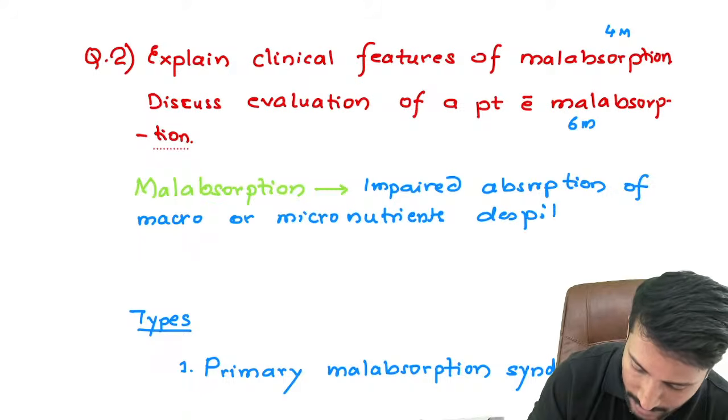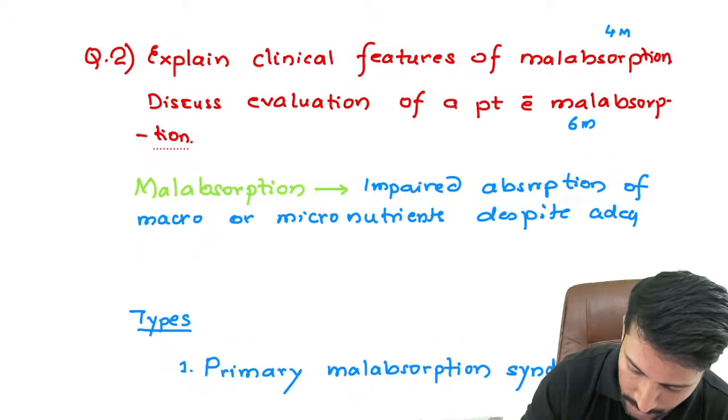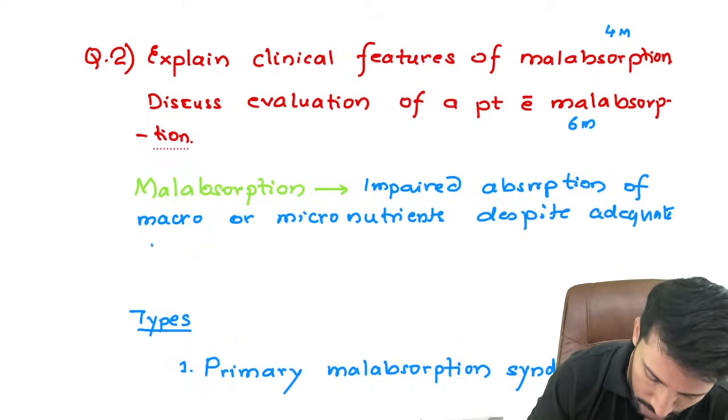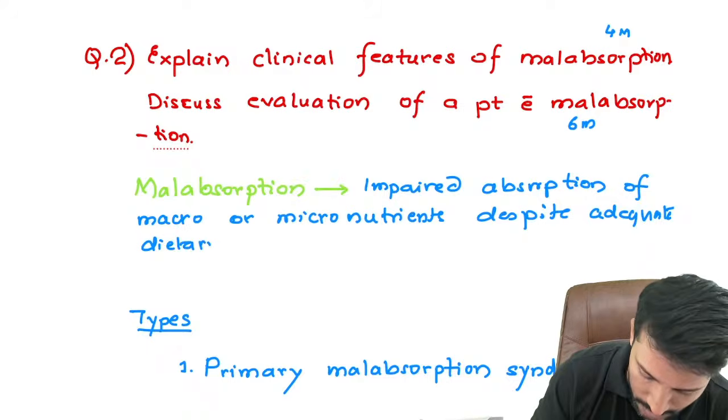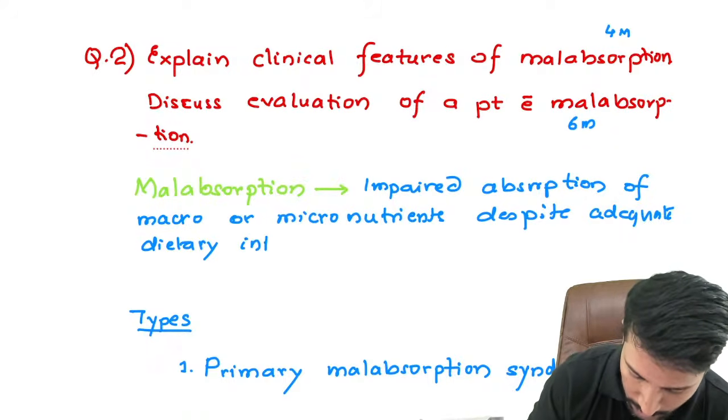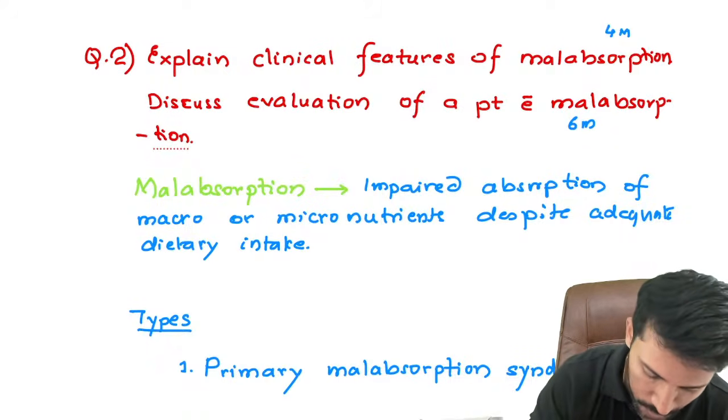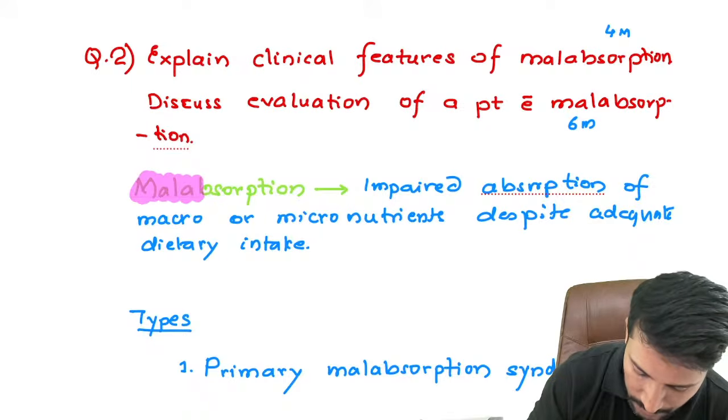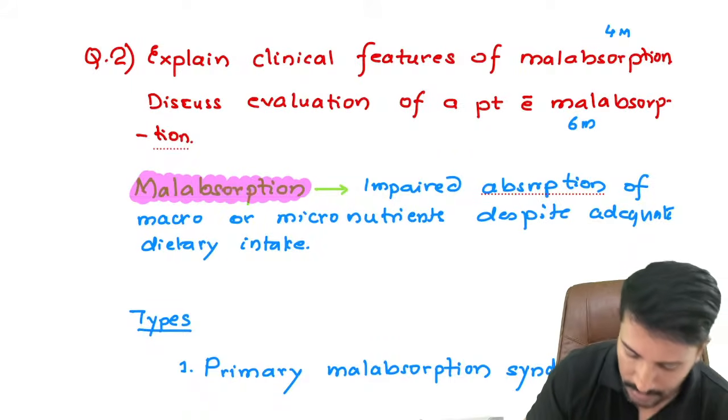So even if the patient is eating sufficient, still it is not reaching his circulation, then we will call it as malabsorption.